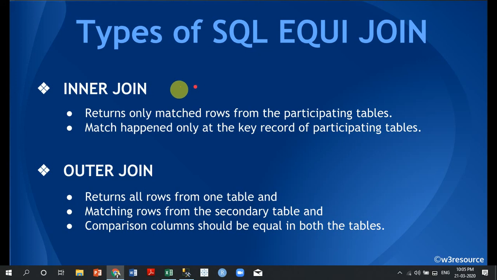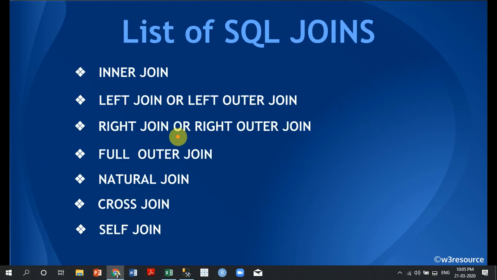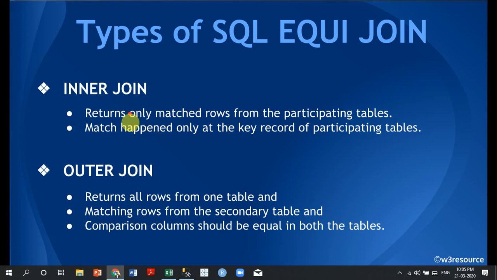Now the core difference between inner join and outer join is that inner join will return only those records which are satisfying the equality condition, but outer join will give you all the records from one table and matching records from the secondary table. And the number of comparison columns should be equal in both the tables. Yeah, this is the essential condition, right?